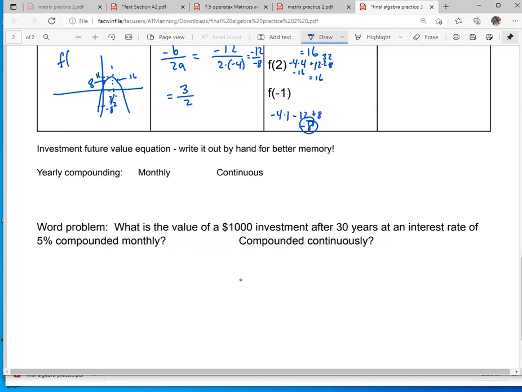The future value of your investment, and it doesn't matter what letter you use. I'll call it V, the future value.